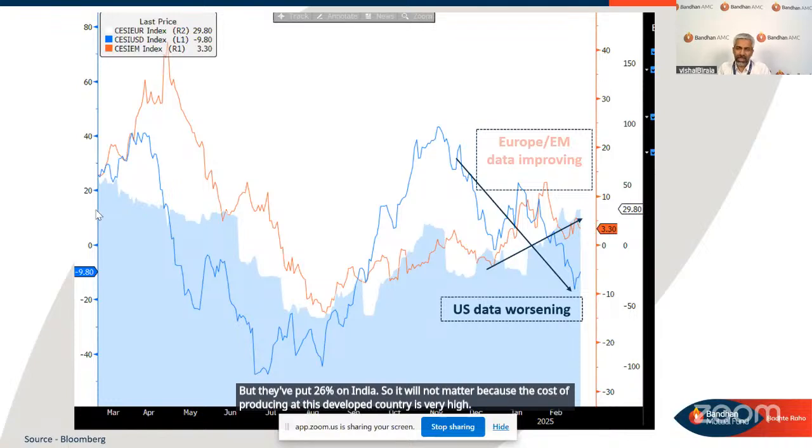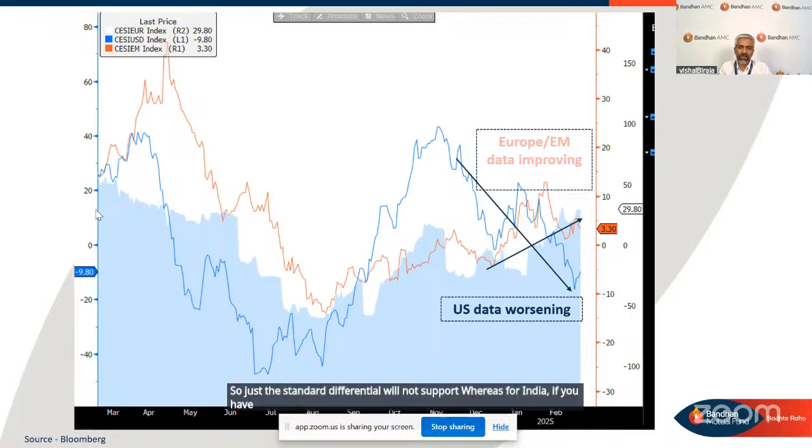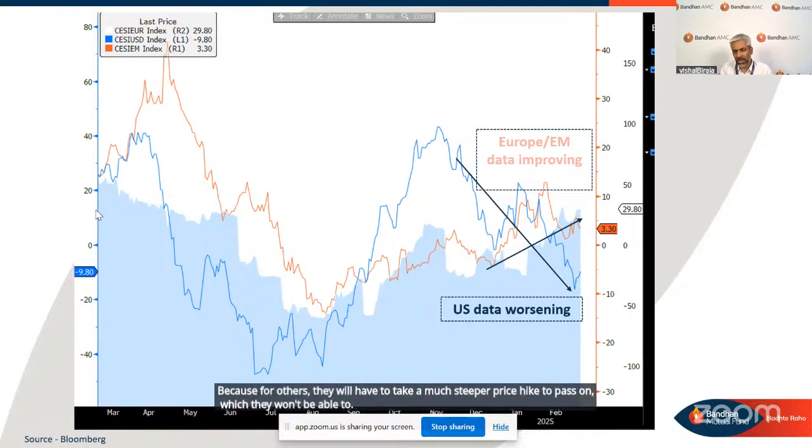So just this tariff differential will not support. Whereas for India, if you have 26%, even if we are able to pass on 20% or 22% immediately and the balance 5-8% gradually, even that will be a good case scenario for India. Because for others, they will have to take a much steeper price hike to pass on, which they won't be able to, and hence India should be relatively okay.